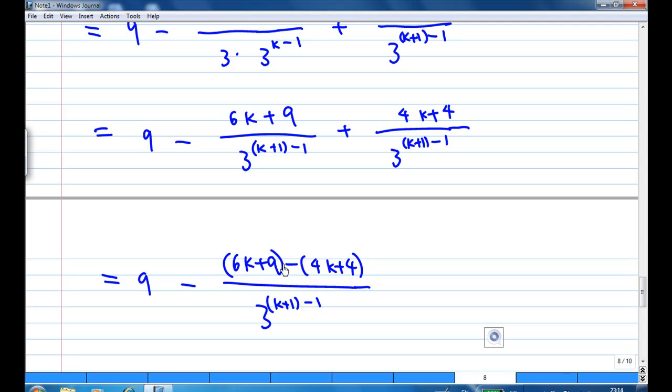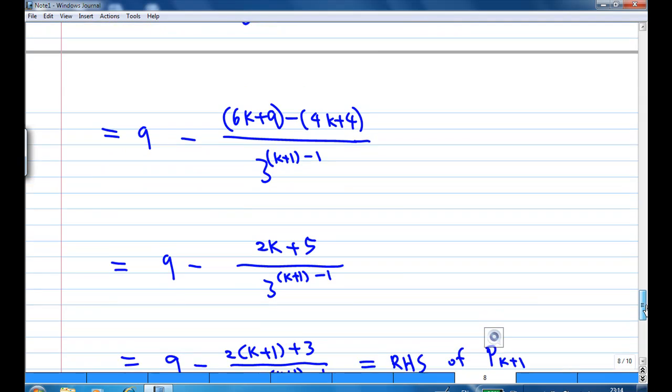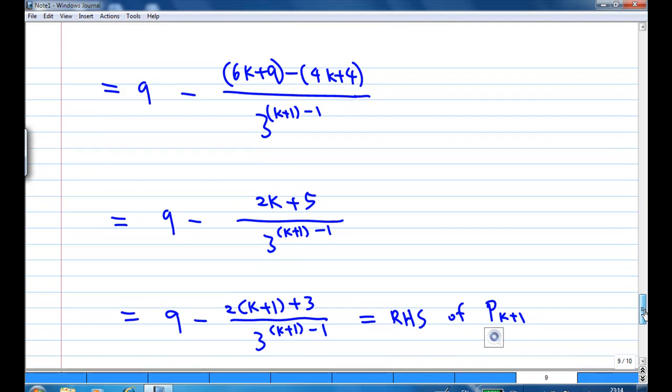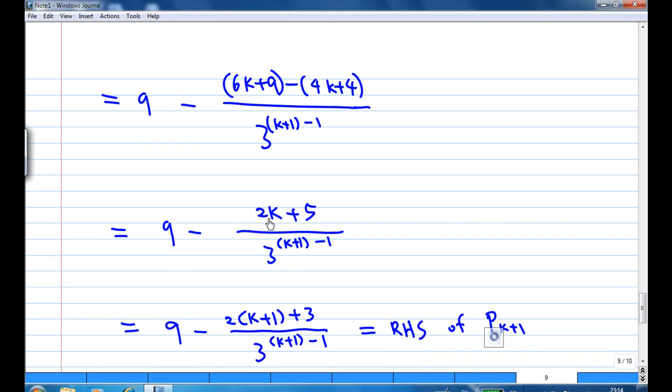Notice the sign, this is negative because in front there's a minus sign. Negative and negative, we get positive, which is the last term. And then 6k minus 4k, you get 2k, and 9 minus 4, you get 5. And notice that 2k plus 5 is equal to 2 times k plus 1 plus 3. And that is exactly the right hand side of Pk plus 1.